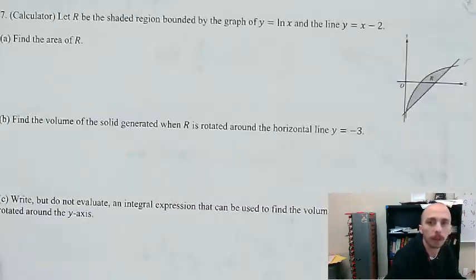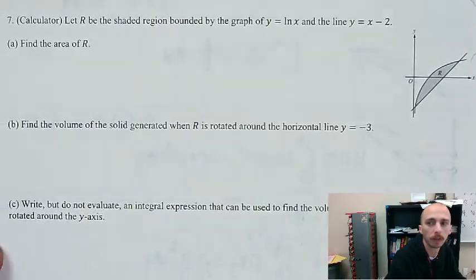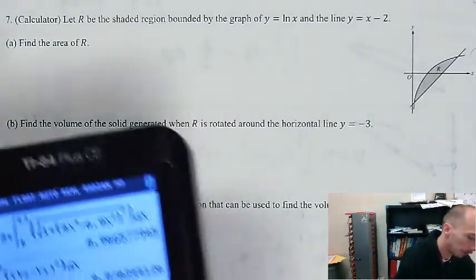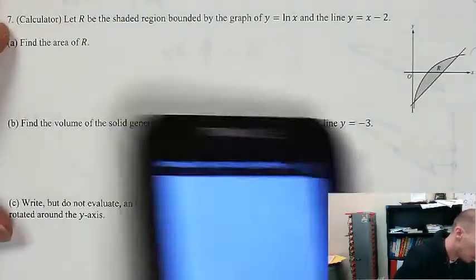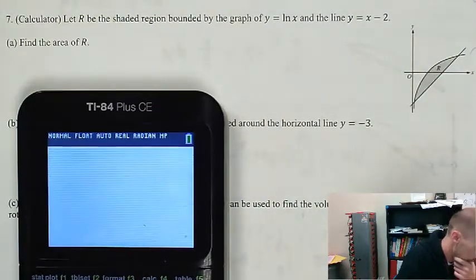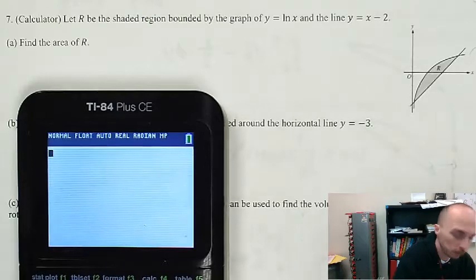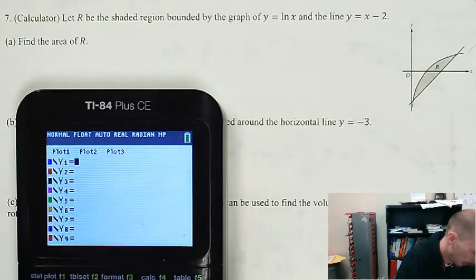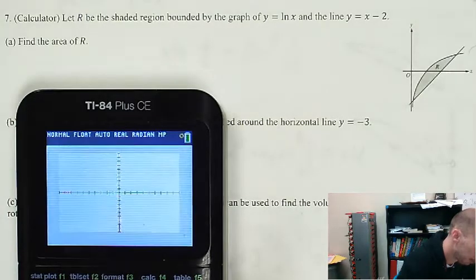Okay, now we've got y equals log x and y equals x minus 2. This is what I was trying to get to, one like this. I'm going to graph these: y equals log x and y equals x minus 2.